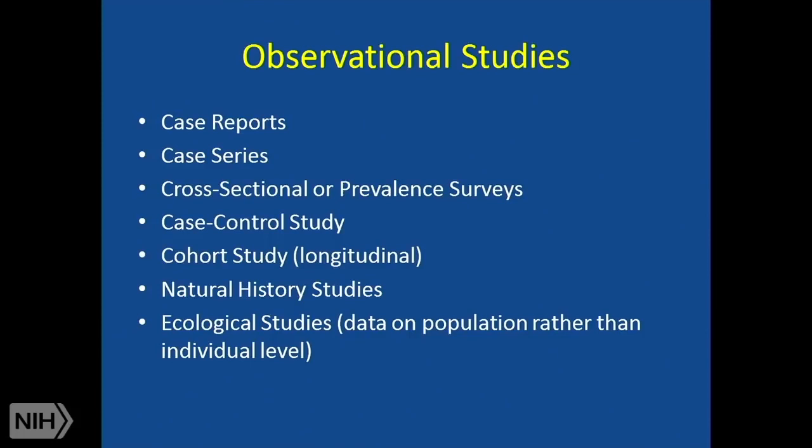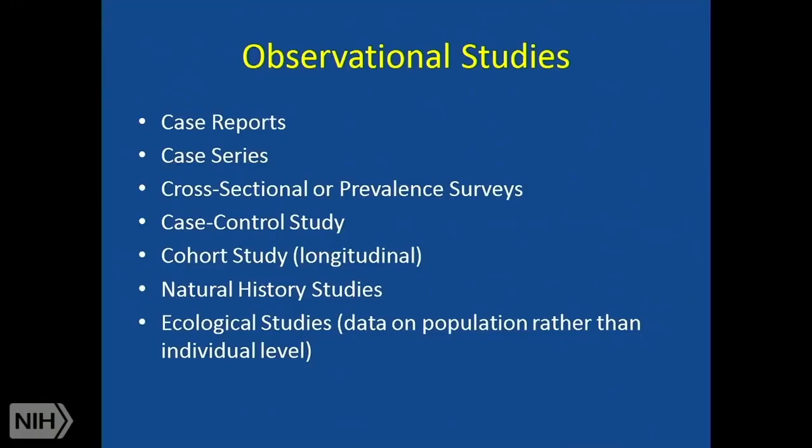Cohort studies are longitudinal. A lot of times, when we had major disasters, we will follow the healthcare workers or the people cleaning up those disaster sites long term to see if they have psychological issues, respiratory related issues, other problems that come up.